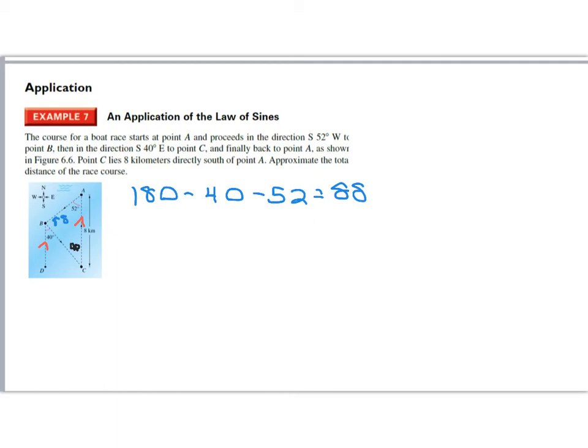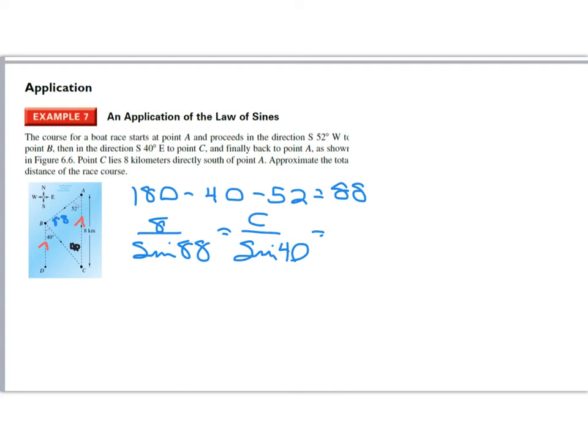So I'm going to say the sine of, oops, no, wait, sorry, got that wrong. Got to put the sides first, right? Okay, so the side is 8 over the sine of 88 is equal to C over the sine of 40.